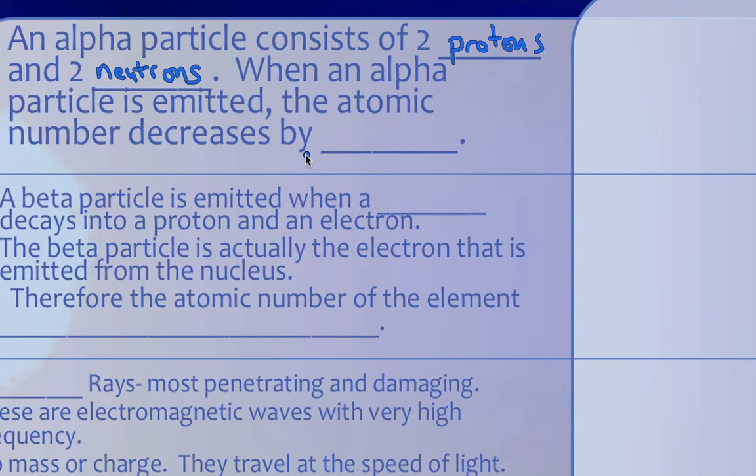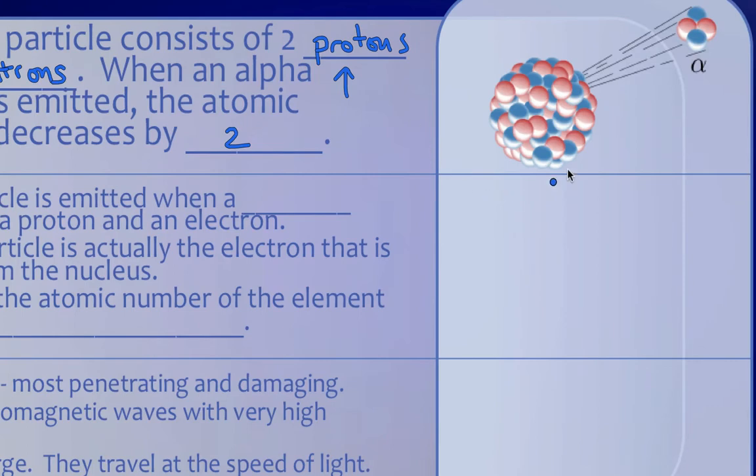When an alpha particle is emitted, the atomic number decreases by 2, since it loses 2 protons. If we take a look at this picture we saw a minute ago, here's the nucleus. It loses 2 protons and 2 neutrons, decreasing the atomic number by 2. So therefore it will change elements. It will go down 2 elements from where you originally started.